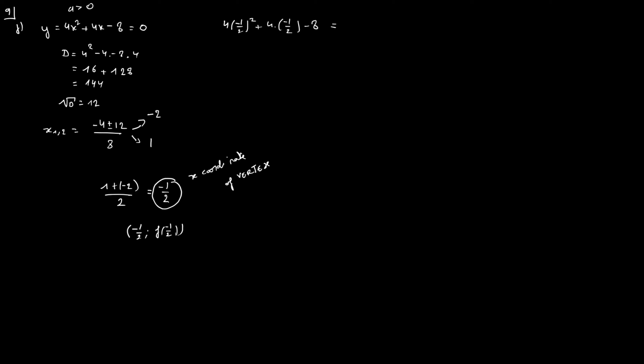Let's evaluate that: this is going to be 4 times 1 over 4, so 1, and here we get 4 times -1 over 2, so -2, minus 8. So in other words, it's going to be -9. You see that my drawing was quite off, I should have drawn it much lower, but our vertex of our function is going to be at (-1 over 2, -9). But at least it makes sense, on the same side.